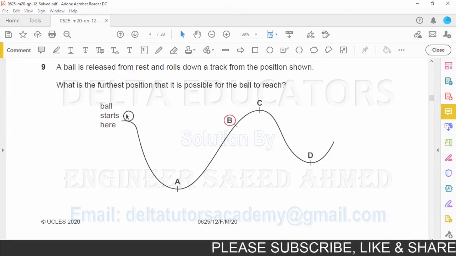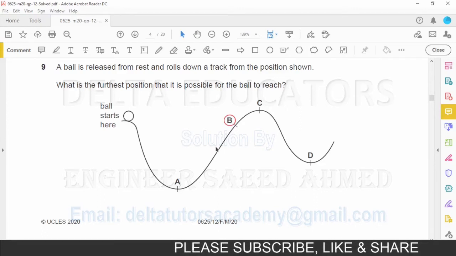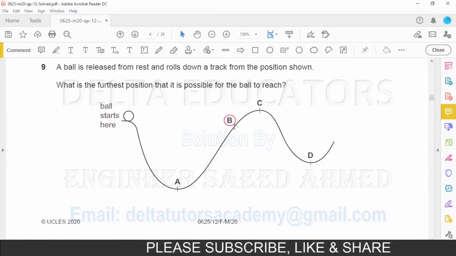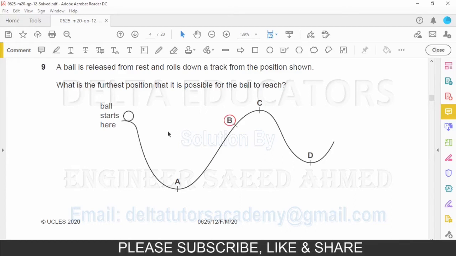Whatever the gravitational potential energy converted here to kinetic energy, the same amount of energy will be converted from kinetic energy to gravitational potential energy. Now gravitational potential energy is given as mgh, meaning gravitational potential energy depends on height. So whatever the height decrease here, the same height will be increased here.